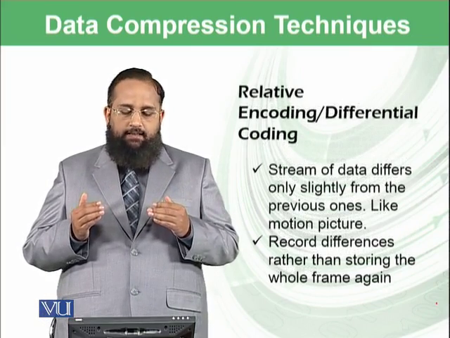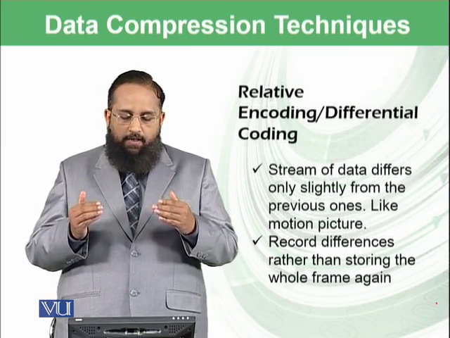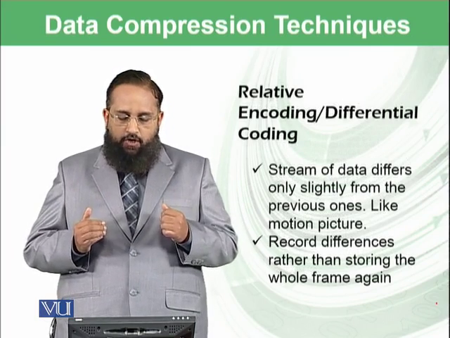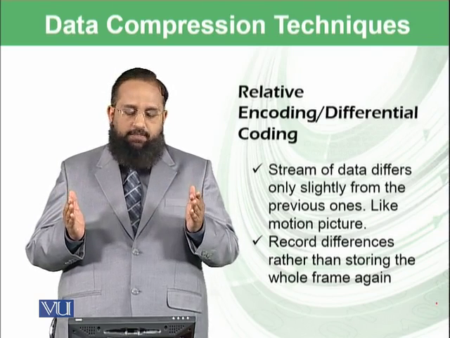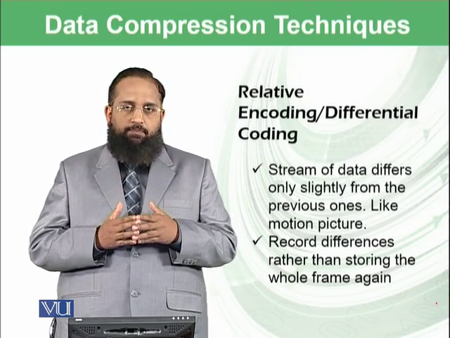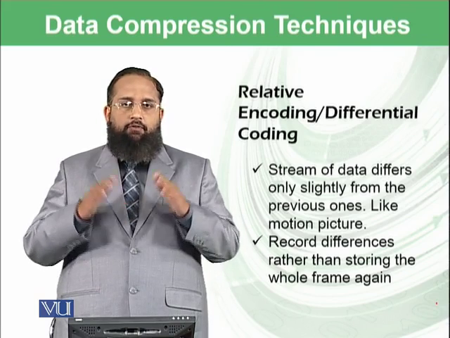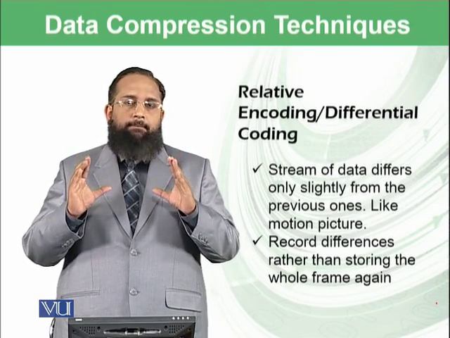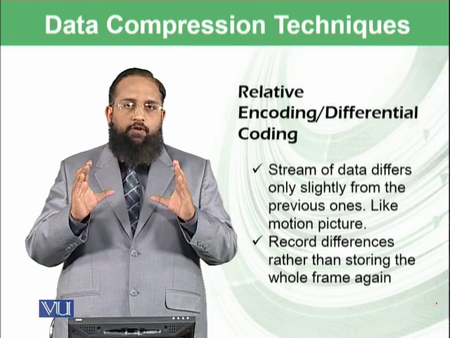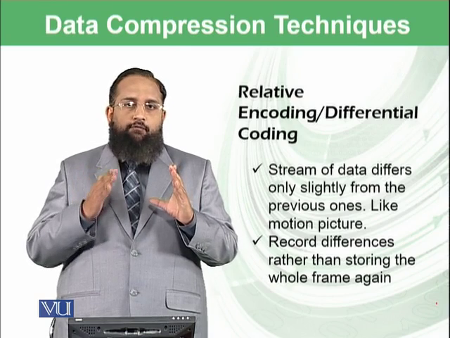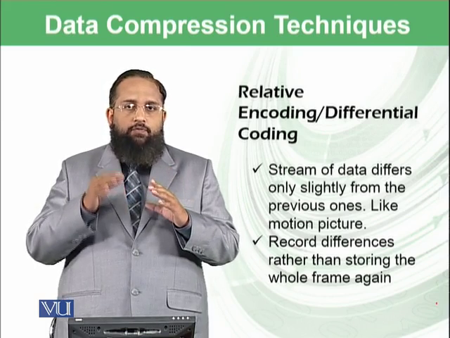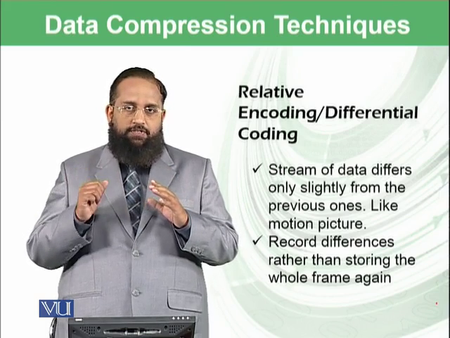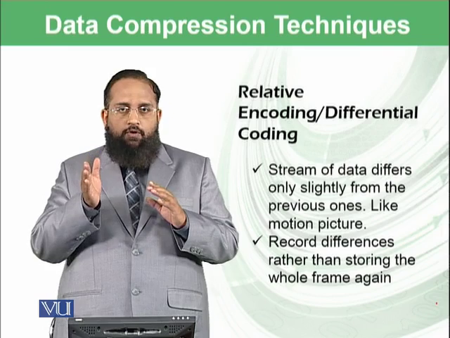Then there is another approach called relative encoding or differential encoding. A stream of data differs only slightly from the previous one, for example, in a motion picture. If you want to compress a video, you know that video can be constructed from a number of small image frames.